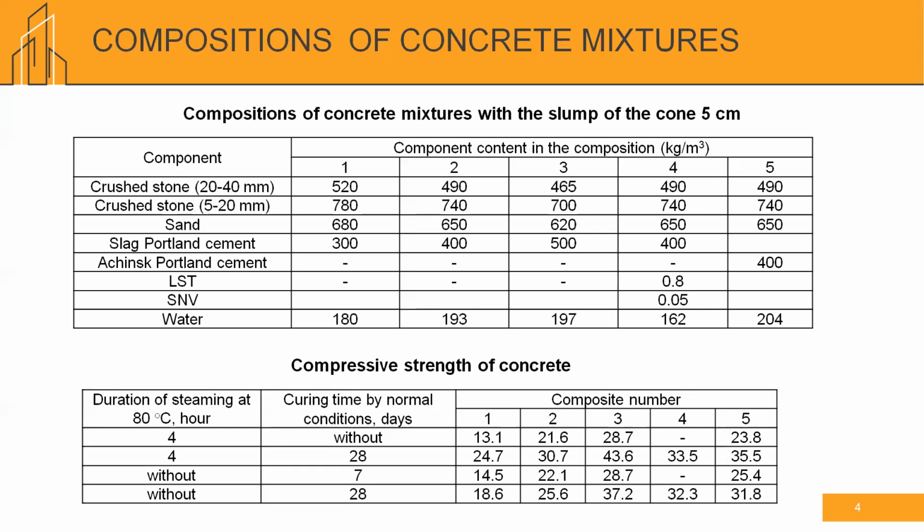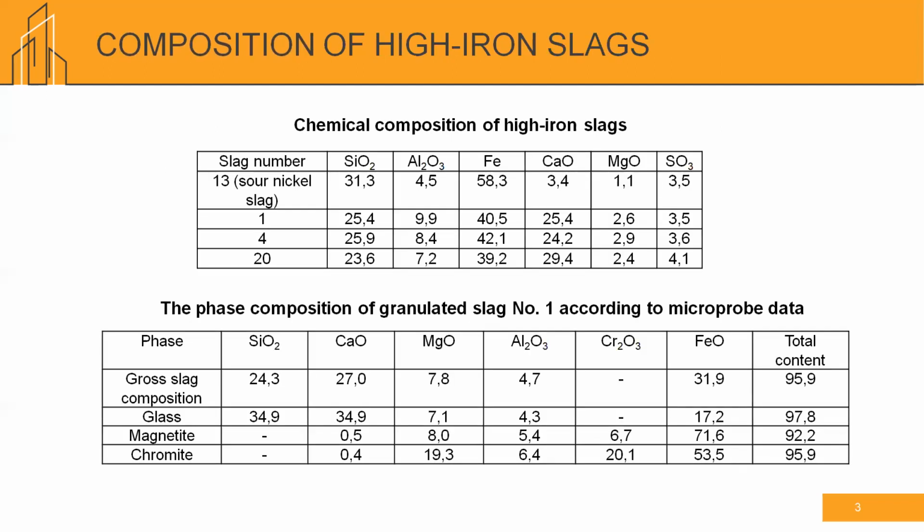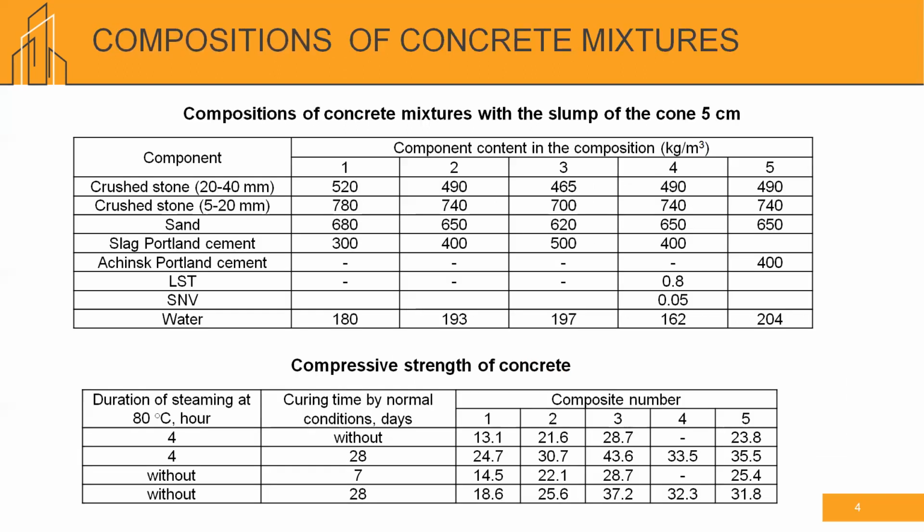Concrete mixtures based on slag Portland cement with 30% slag, number 1 in this table, and others were hardened during steaming and under normal conditions. We used 5 mixtures. You can see them on the presentation.